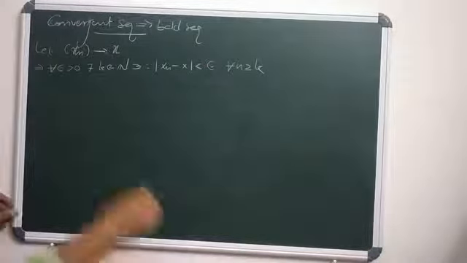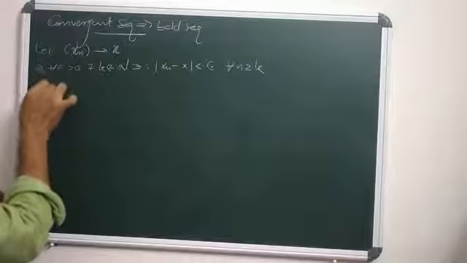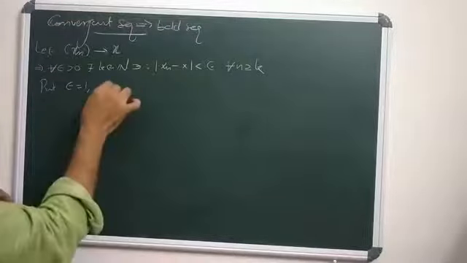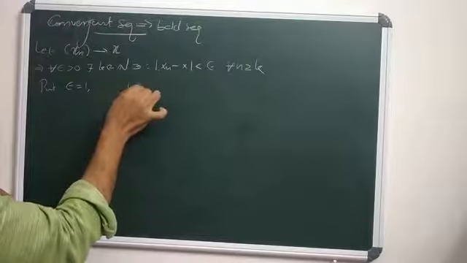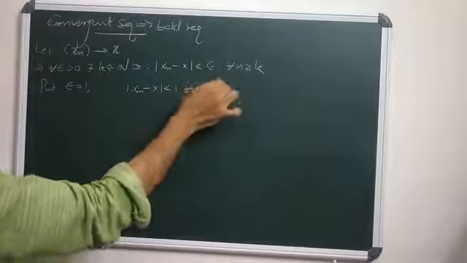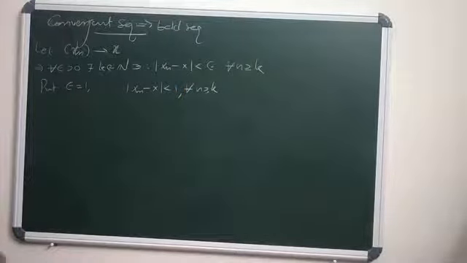Epsilon is a positive real number, so put epsilon equals 1. Then modulus of x_n minus x is strictly less than 1 for all n greater than or equal to k, where k is a natural number.